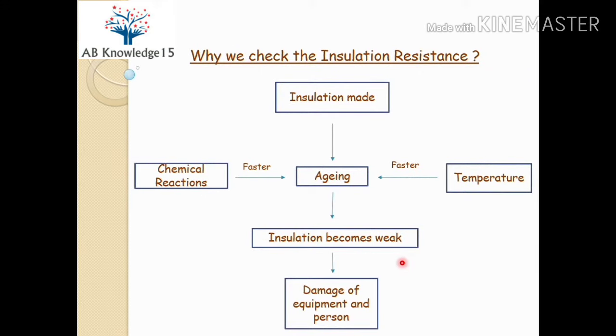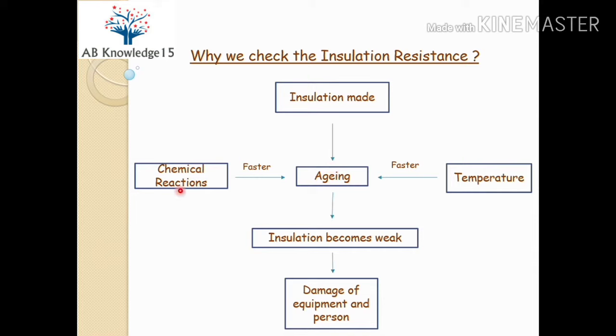Again, let us understand why it is a particular requirement to check the insulation resistance. First of all, any electrical equipment's insulation is made, and as time goes forward, the insulation starts aging.